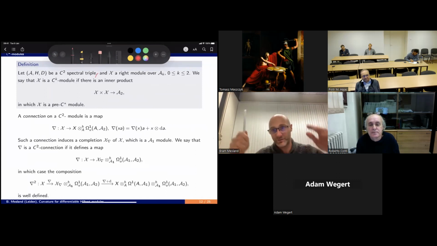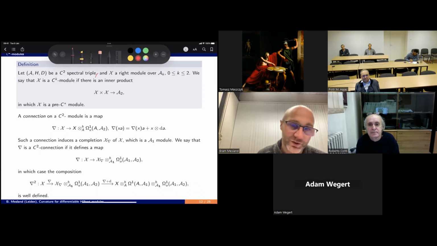So I want the axioms of a C star module, which I will not list here, including the positivity axiom for the enveloping C star algebra. So you could also say we have a C star module with a nice submodule whose inner product lands in the right algebra. And this is a very weak differentiability condition on the module.